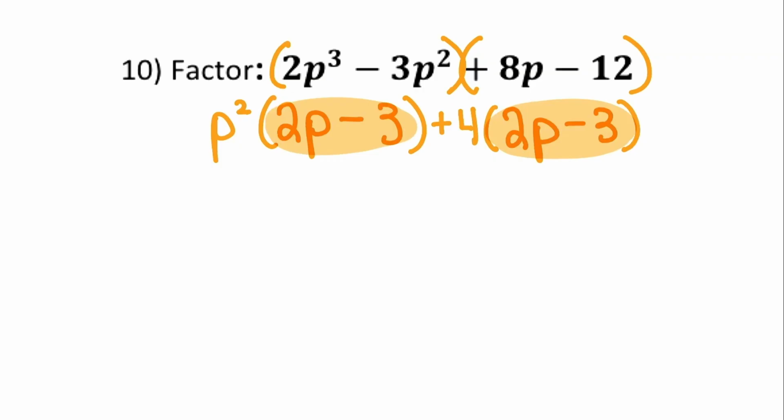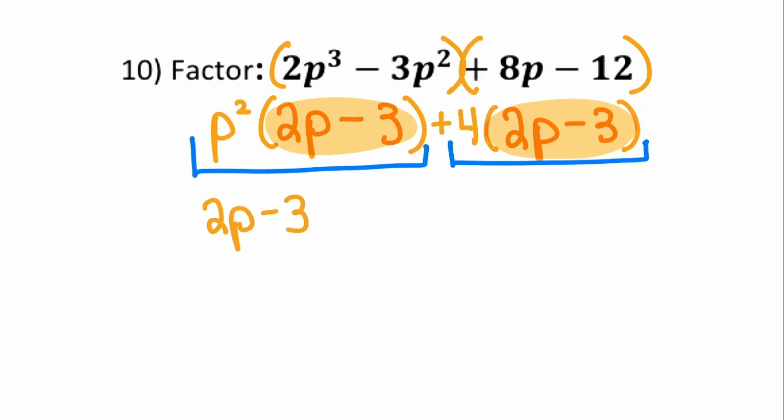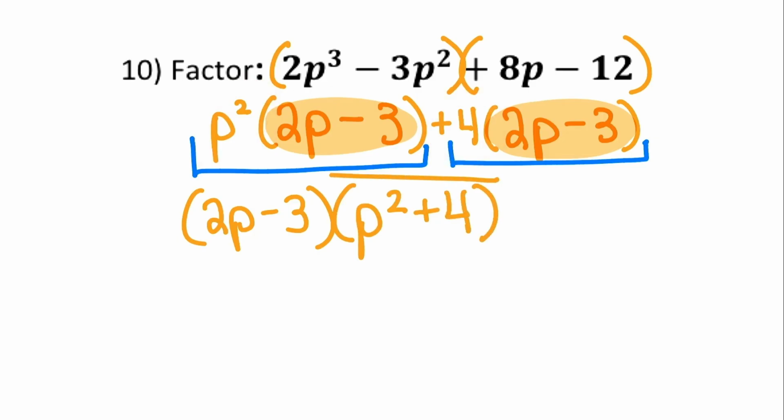If they don't, you've done something wrong or it doesn't factor this way. Since we have 2p minus 3 in both of these terms, we can factor it out front and write 2p minus 3. And then we write the remaining terms, which is p squared plus 4, inside the other set of parentheses. And this is our final answer.